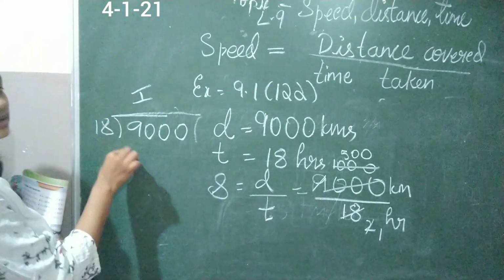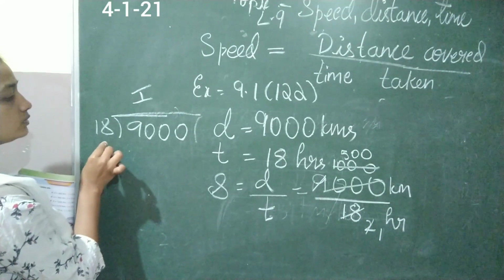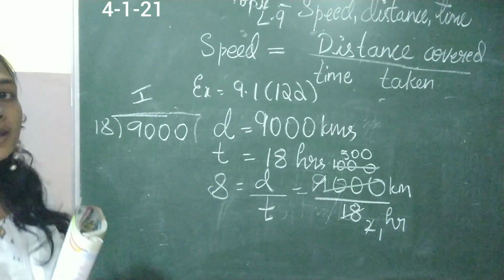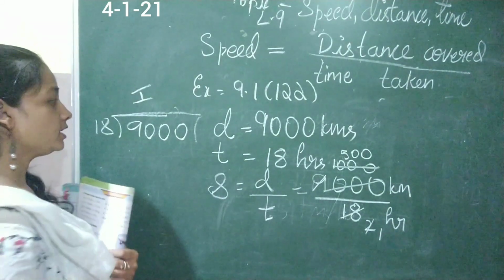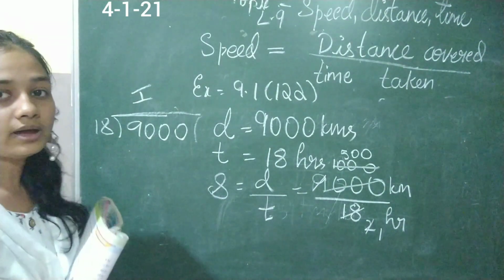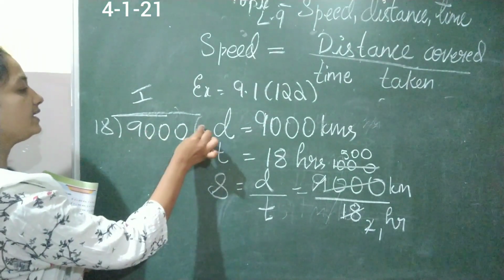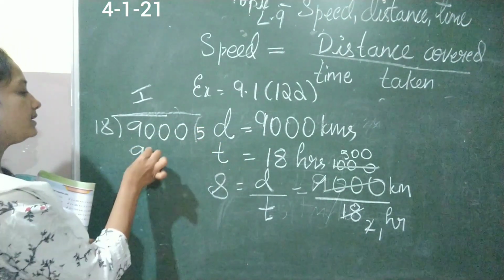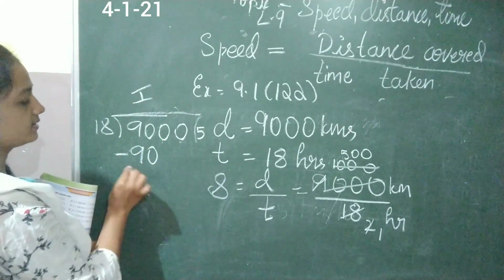You can also do it in this way also. 18 ones are 18, 18 twos are 36, and as you go on calculating, you get 18 fives are 90. And I have 2 zeros extra here, right?